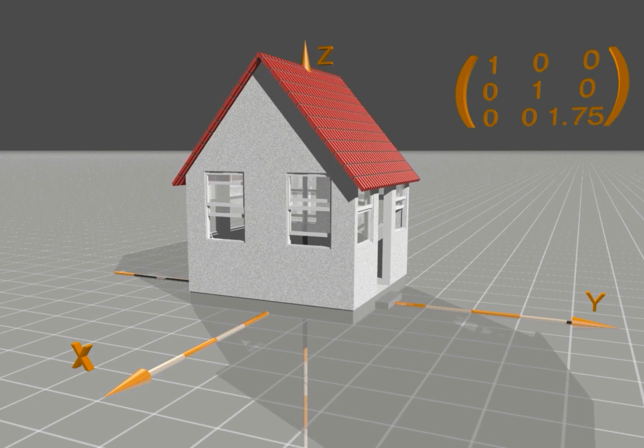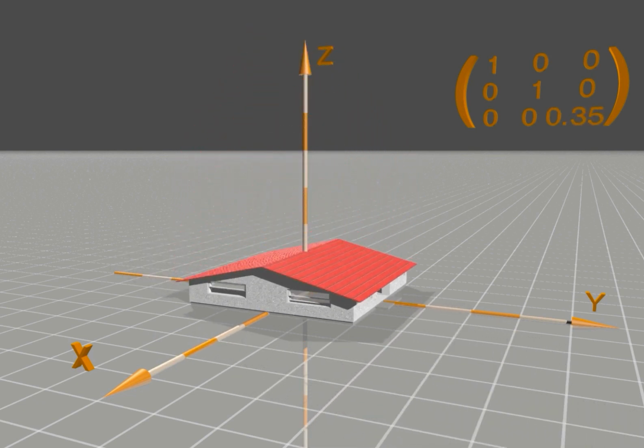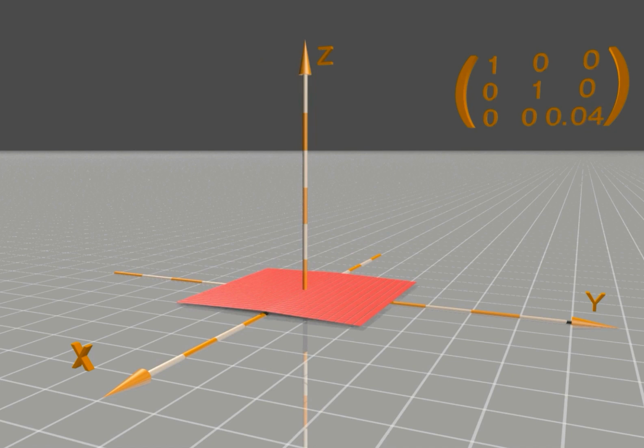As you can see, multiplying by numbers higher than 1 has the effect of increasing the height of the house. That means elongating the house along the z-axis. And as we shrink the coefficient towards 0, the house gets shrunk to the xy plane, the plane generated by the first two column vectors.